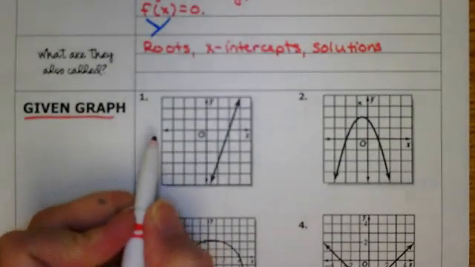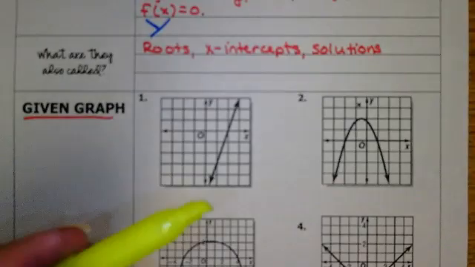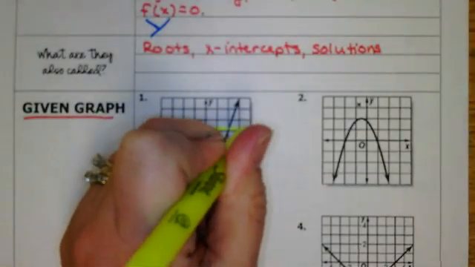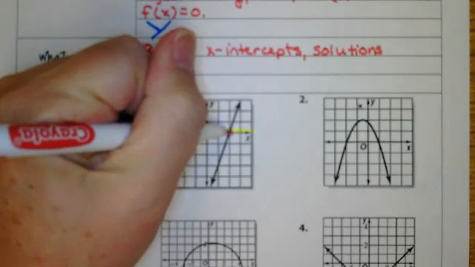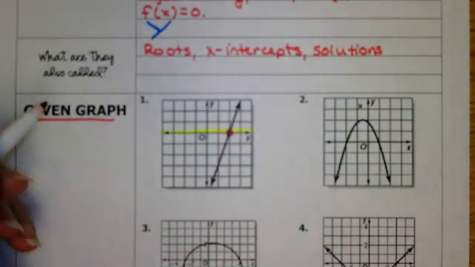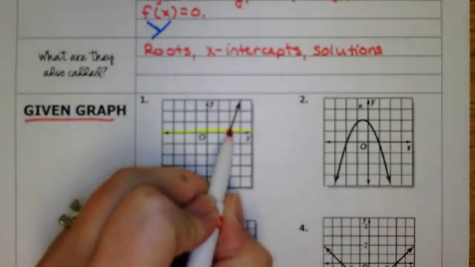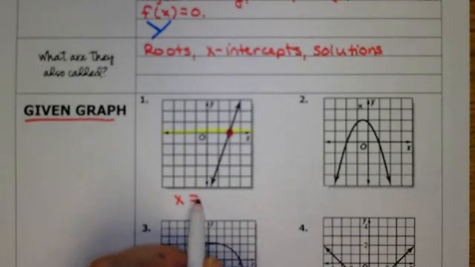You're going to highlight or mark your x-axis, and then wherever this line crosses, this is going to be your x-intercept. So in this case, it's going to be 2. So x is going to equal 2.